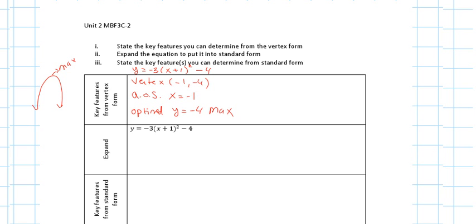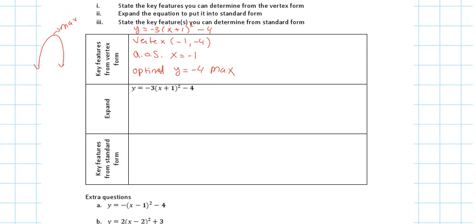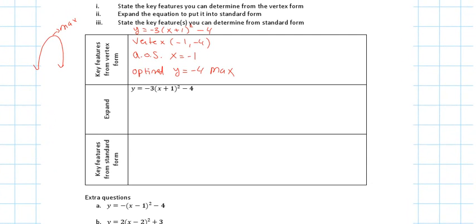Okay. Now it's asking me to expand. It's kind of similar to what we did, but there is an extra step here. Okay? So let's see what we're going to do. What's the first thing I need to do to expand?